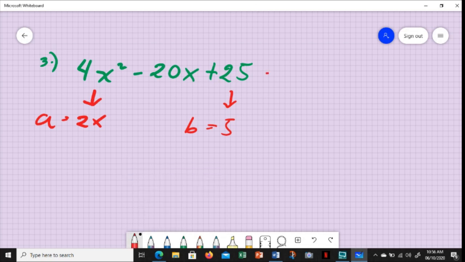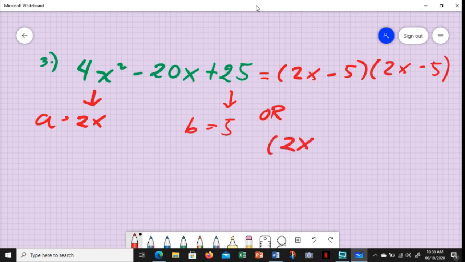So the factor of the expression will be 2x minus 5 times 2x minus 5. Or, for shorter representation, it can be written as 2x minus 5 raised to 2. So that's the answer. It can be any of the two. Okay, thanks.